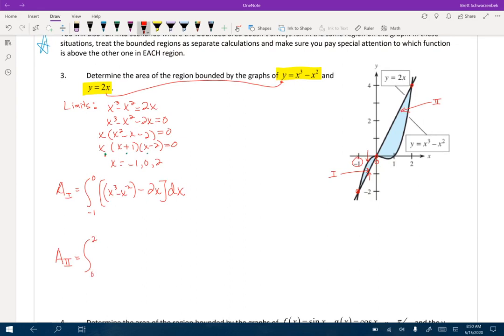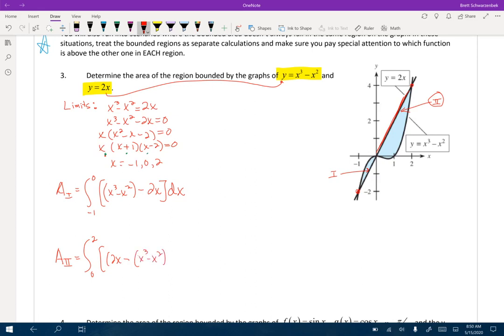But if you look super carefully at this region here, what is the upper function? The upper function is no longer the curve, but the line, which means that this time, for this region, it's 2x minus x cubed minus x squared.